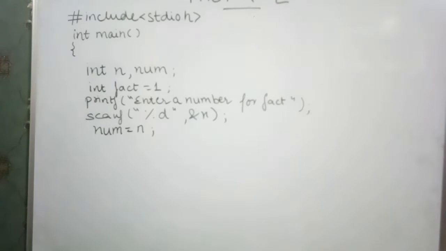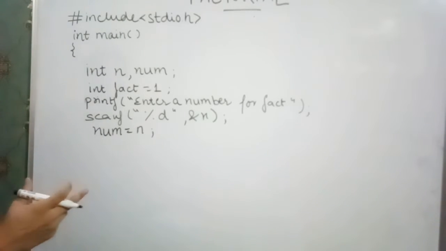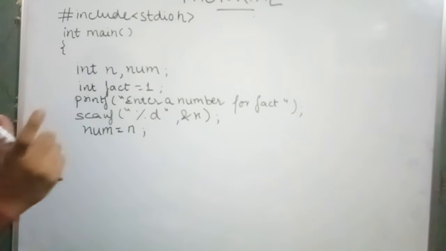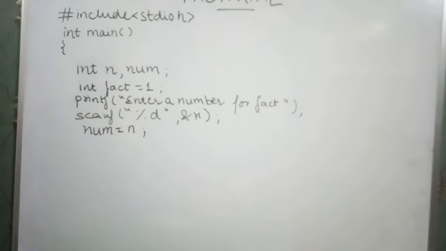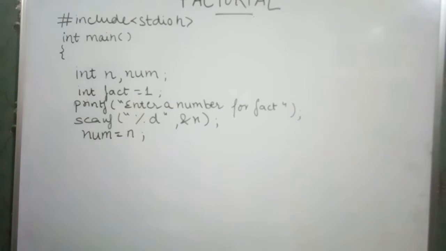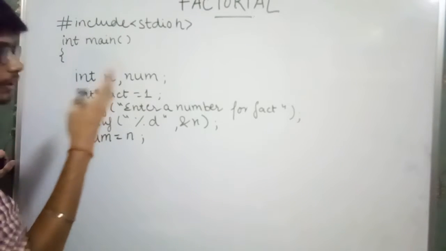Now moving forward, the factorial of a number is limited to positive values only. Values less than 0 are not taken into consideration while taking out the factorial.